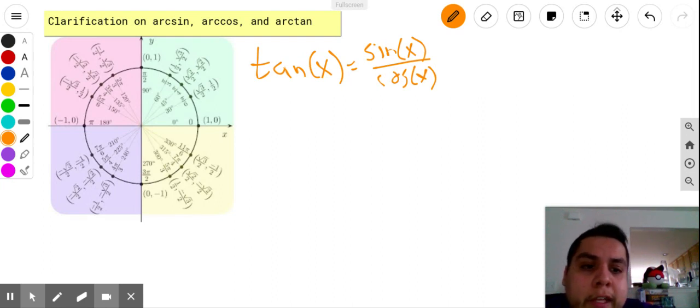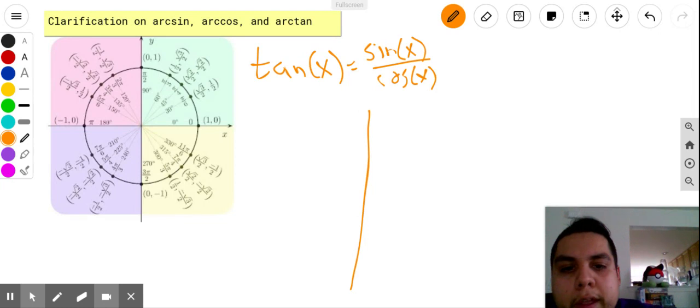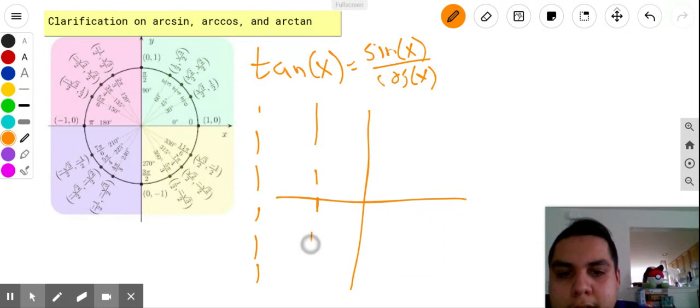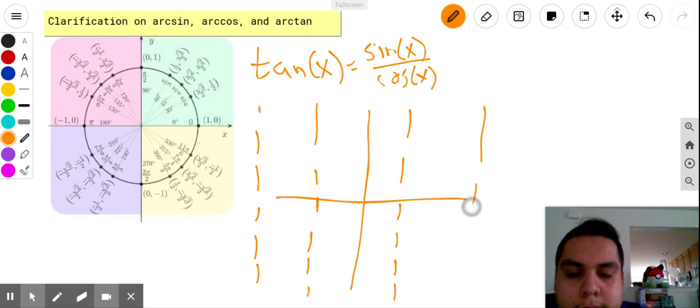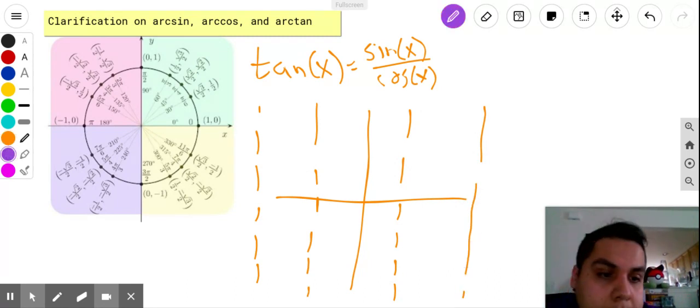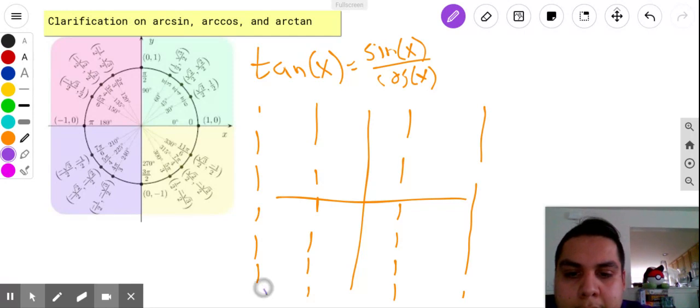And actually for this one, it'd be nice to kind of think about it as the graph. So if you can imagine a sketch of the tangent graph, right? Just bear with me. It looks something like this.